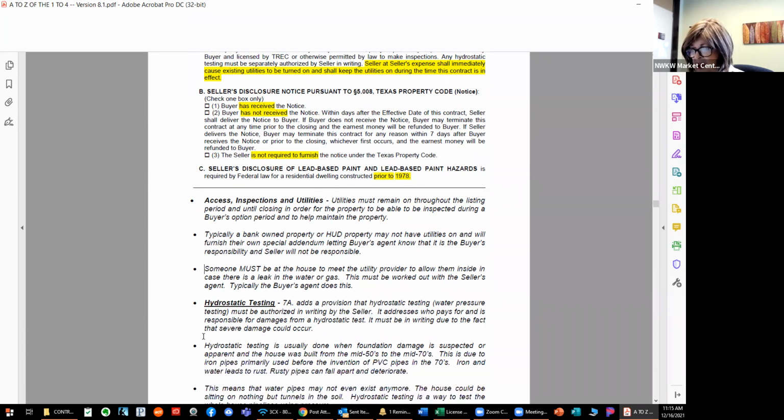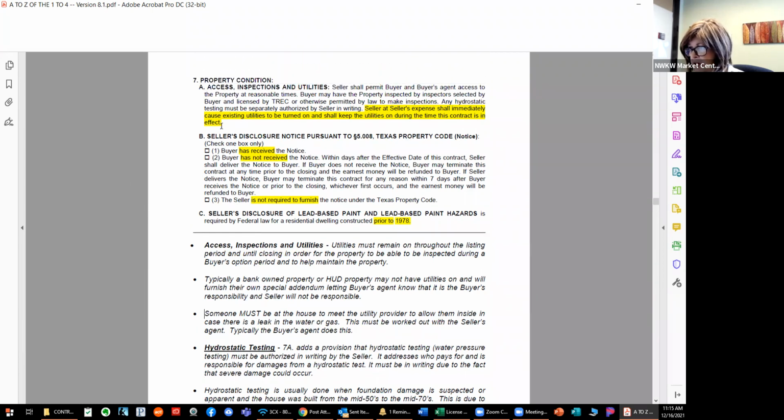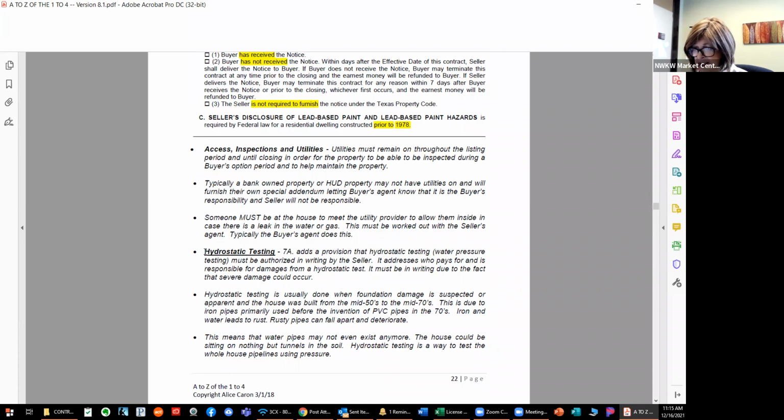Then they talk about hydrostatic testing. Is it up here in this paragraph? Yeah, any hydrostatic testing must be separately authorized by seller in writing. So hydrostatic testing is a big deal because it could cause damage.